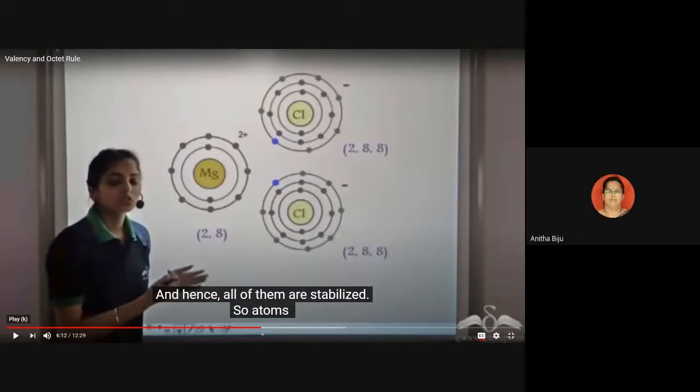It may be converted into ions, either positive charge ion or negative charge ion. For doing this, they can gain electrons or they can lose electrons. When an atom loses electrons, it gains positive charge because it has extra protons. When an atom gains electrons, for example, look at chlorine, Cl minus.